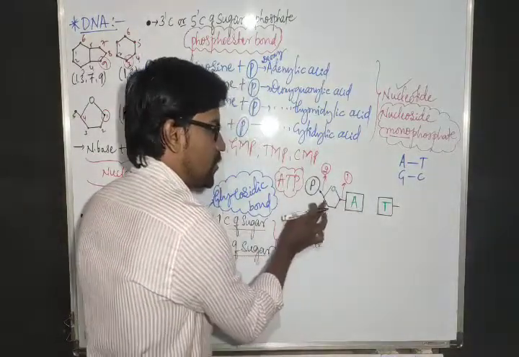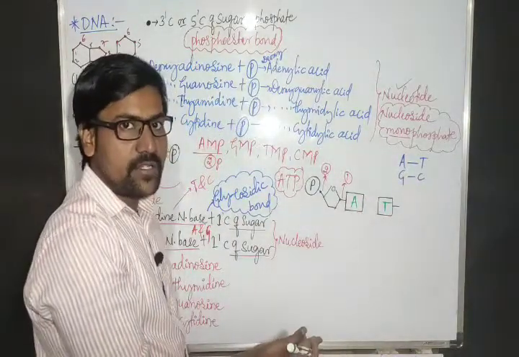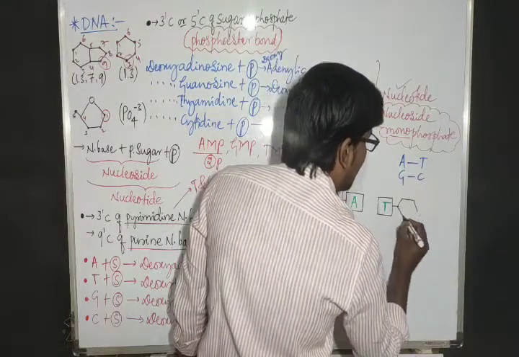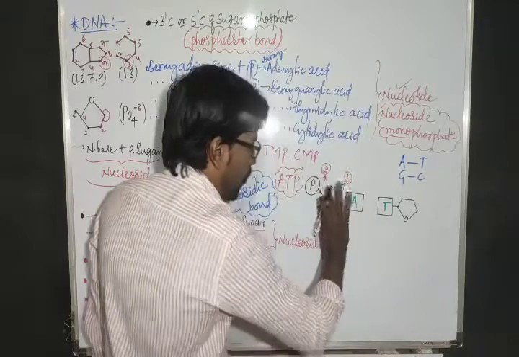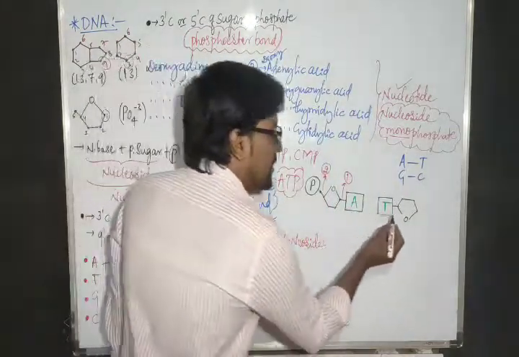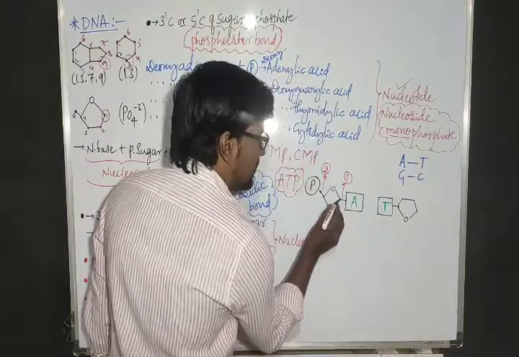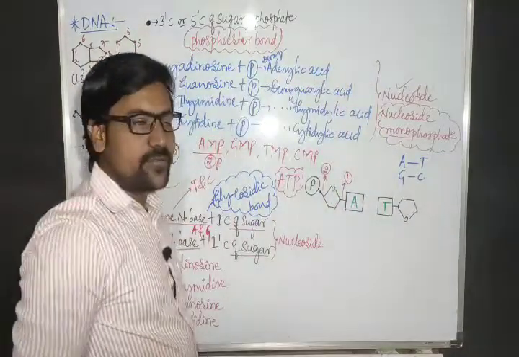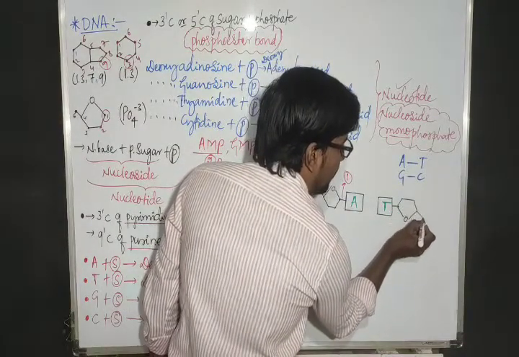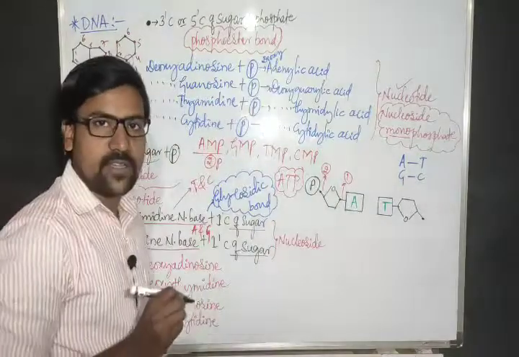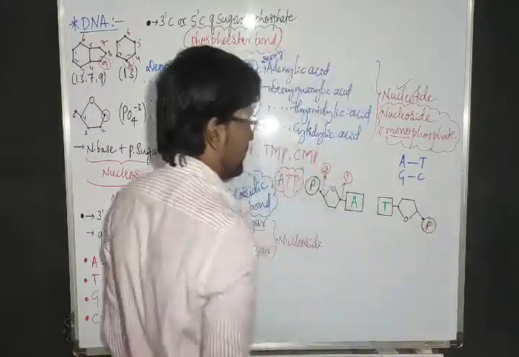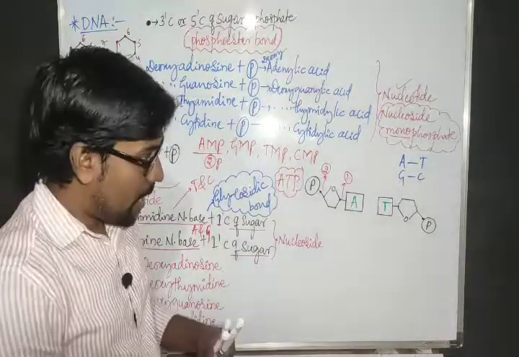Here adenine combines to the sugar, and that side thymine combines to the sugar, but the orientation of the sugar molecule is opposite. But this is the first carbon here, and here also this is the first carbon, but the orientation is different. Now first carbon, second carbon, third carbon, fourth carbon. Now the fifth carbon is present here, and that fifth carbon is combined to the phosphate.